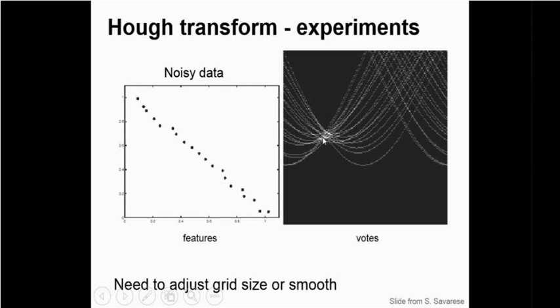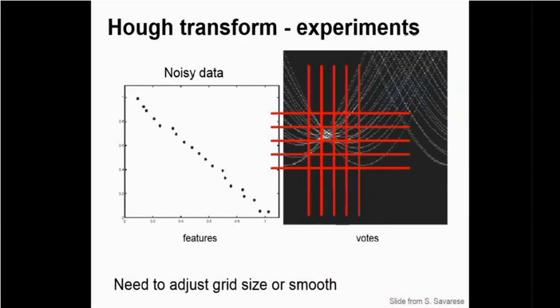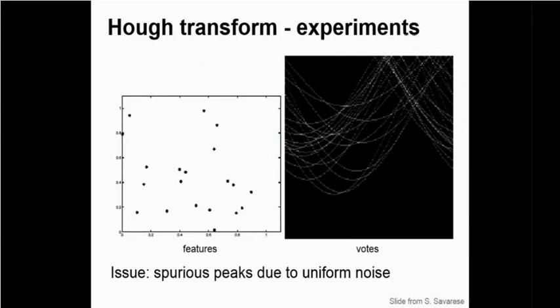So you would typically adjust your grid size or smooth. If you make a bigger grid, then all the points will fall inside the same grid cell. In practice, I think it's a better solution to smooth than to make a bigger grid. But it depends on how many parameters you have, for example.